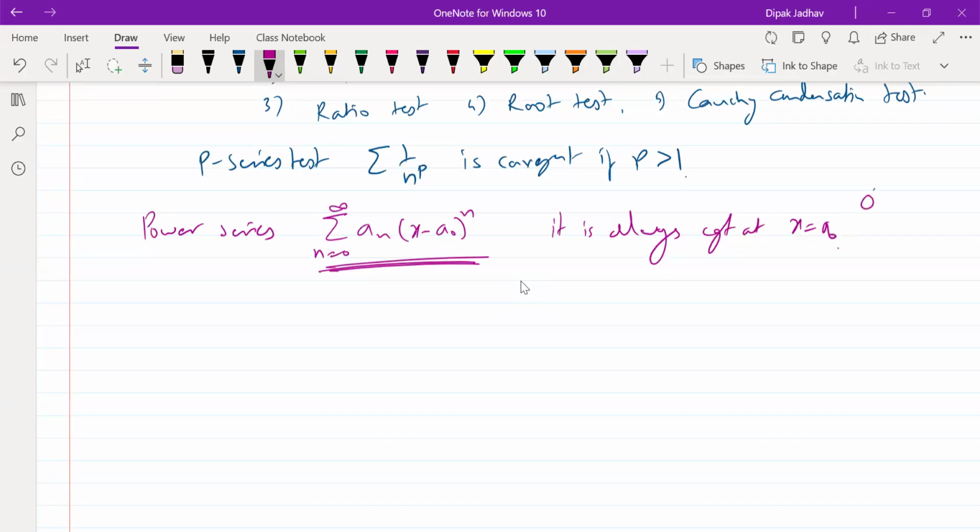So we are assuming 0 raised to 0 is equal to 1. That's a slight assumption that we make when we study power series. So we are interested in calculating for what values of x in R the series converges.